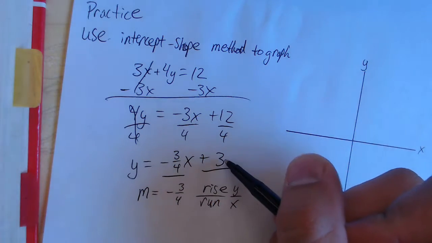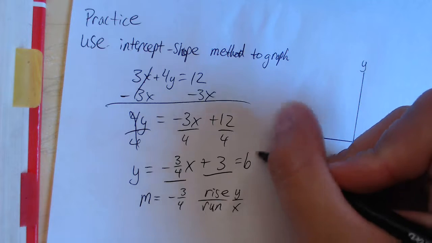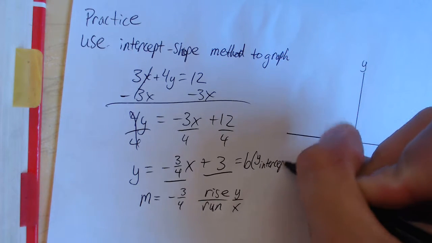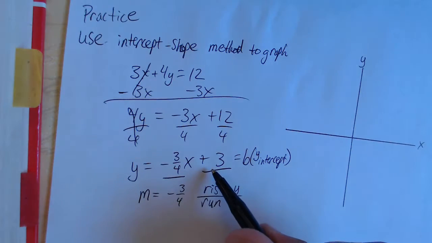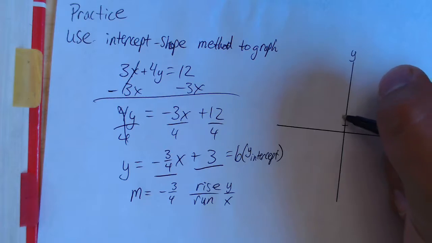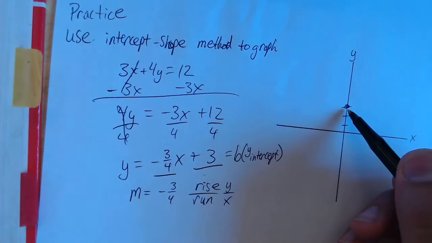And then this number, positive 3, is equal to b, or our y-intercept. So since b is our y-intercept at positive 3, the graph will touch the y-axis at positive 3. Whatever this number is, I know the graph is going to cut through that point.